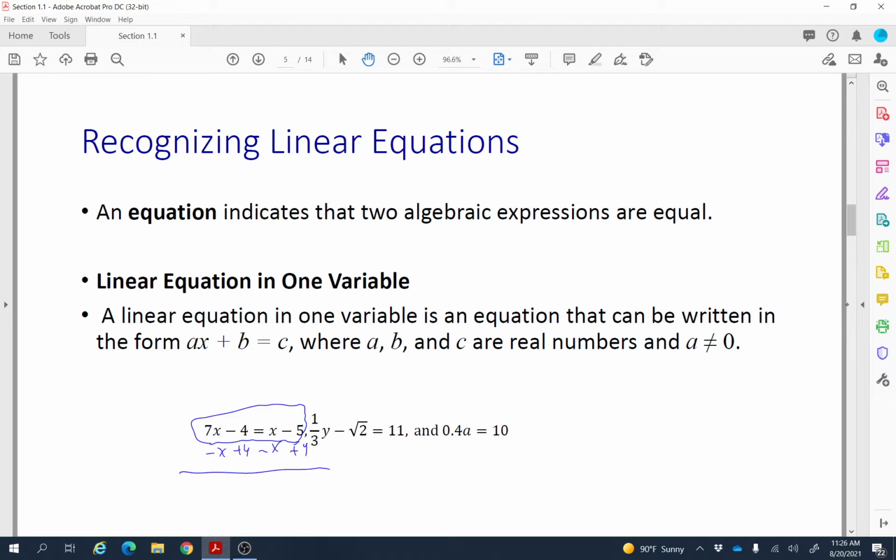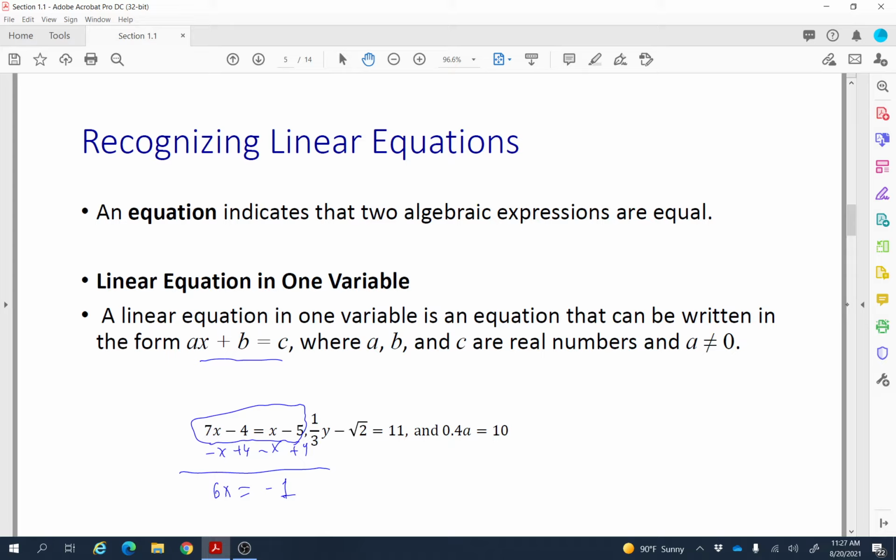If I do that, on the left side I'm going to get 6x, and on the right side I'm going to get negative 5 plus 4, which is negative 1. So you see that this is similar to this form where a is 6, b is 0, and c is negative 1.